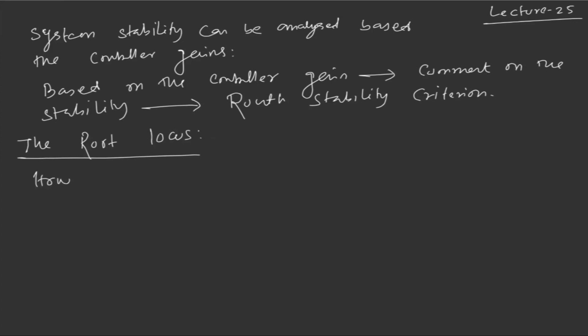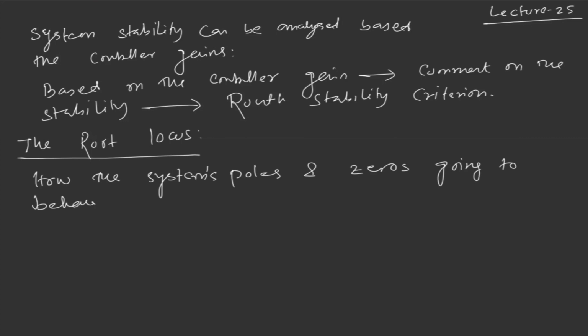So how the system's poles and zeros are going to behave with the change in the system parameter.